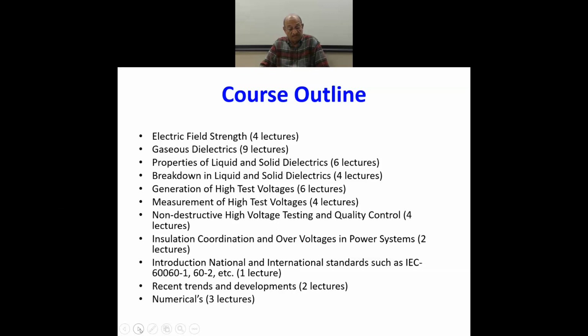We'll also be talking about the insulation coordination and over voltage generation in the power system. That we call transient over voltages, that is switching over voltage, lightning over voltage because of the lightning strike.